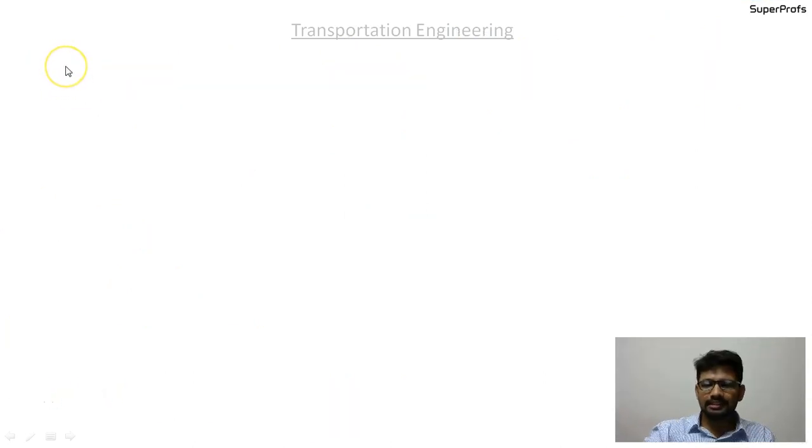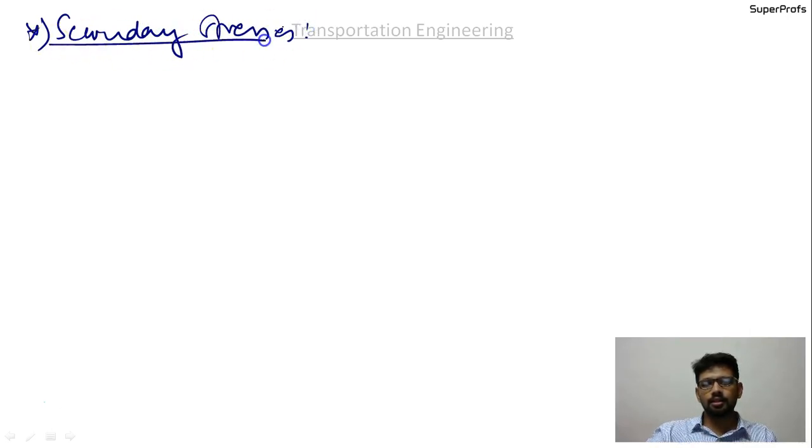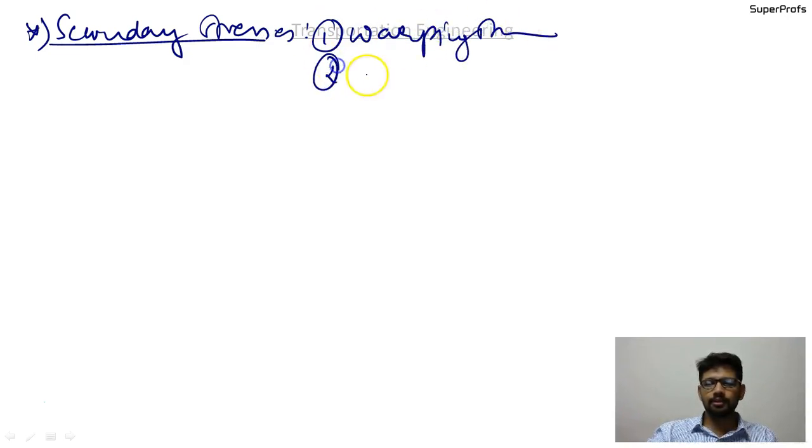So let us now discuss the next type of secondary stress. We are discussing the secondary stresses, and we just discussed the warping stresses. The second type is the frictional stresses.